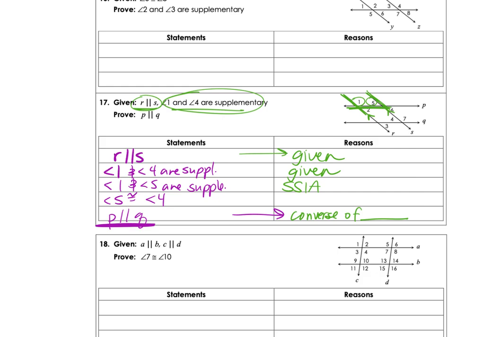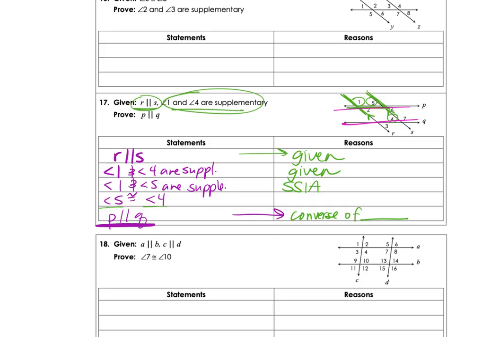Then the next step says that angle 5 is congruent to angle 4. Okay, now you got to think, how did they get us there? Because it looks like, oh, those are corresponding angles, so it's corresponding angles. But you can only use corresponding angles if you know the lines are parallel, and the lines being used there are the lines we're trying to prove.